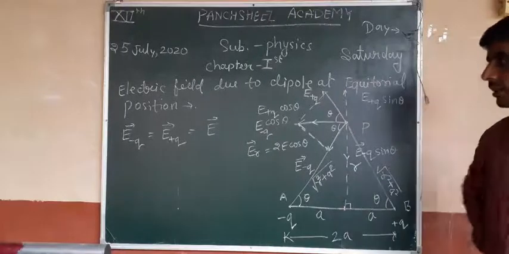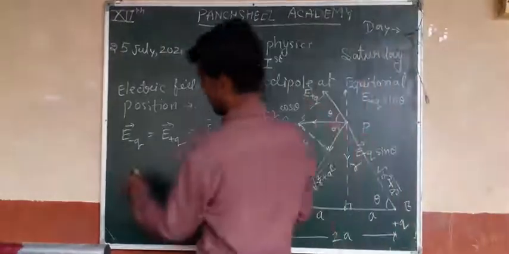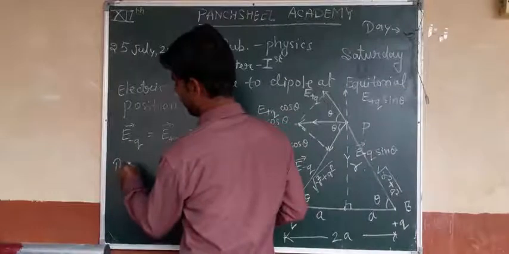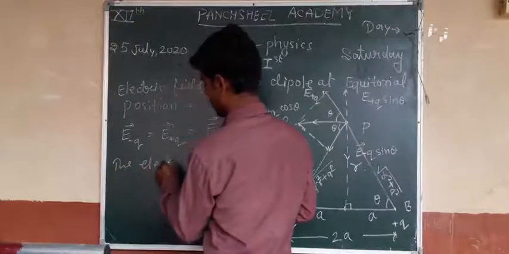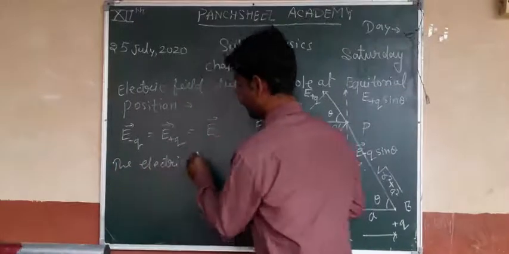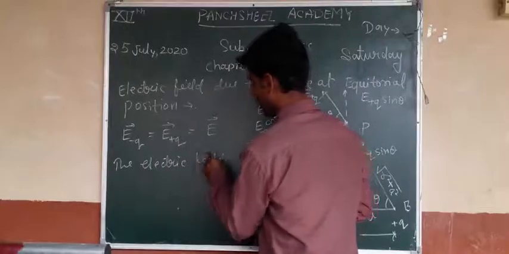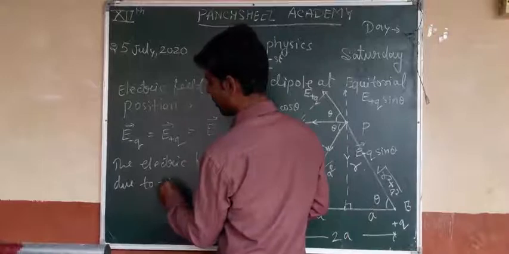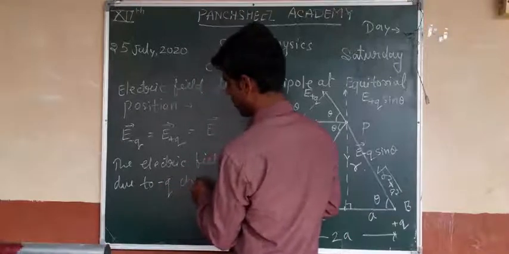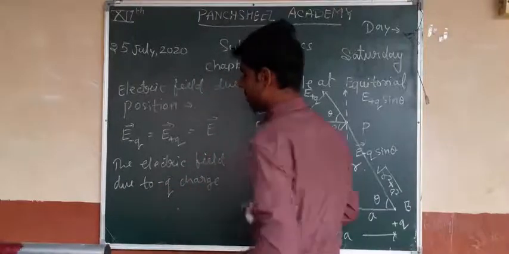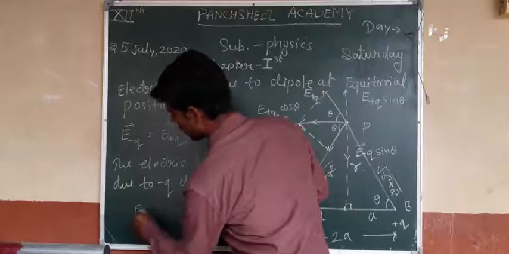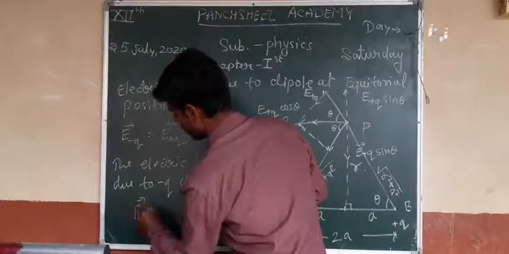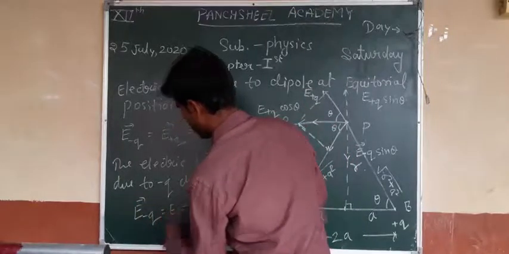Okay, so the electric field due to minus Q charge, E minus Q, equal to what?